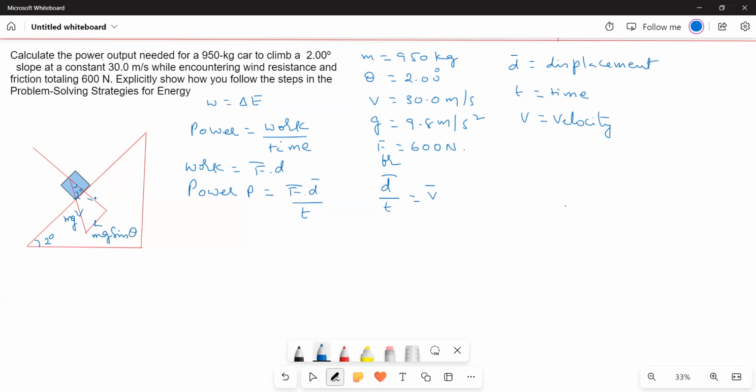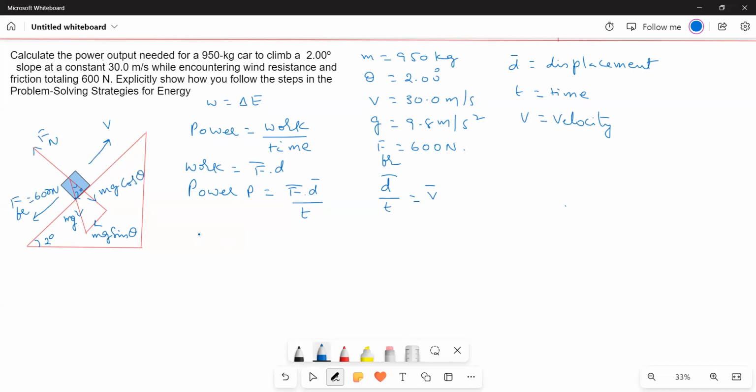And then this is mg cos theta, and this is Fn. Okay, and then the object is climbing up. Therefore, the velocity is in this direction, and the friction, resistive or dissipative forces, are in the opposite direction. So F friction is equal to 600 newtons in the downward direction.